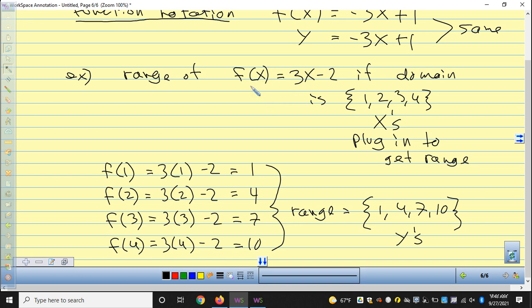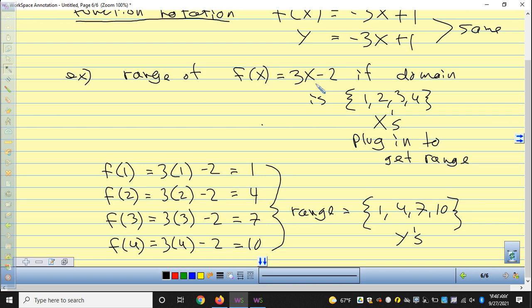Y is some function of x. And usually the function is given by an equation. Okay. Questions there on that function notation idea? So don't let function notation confuse you. F of x equals is the same as y equals.